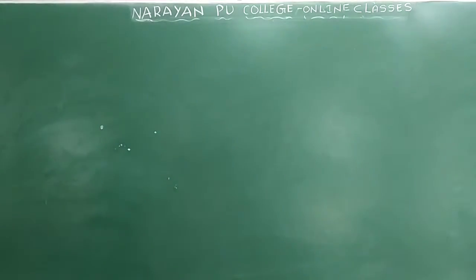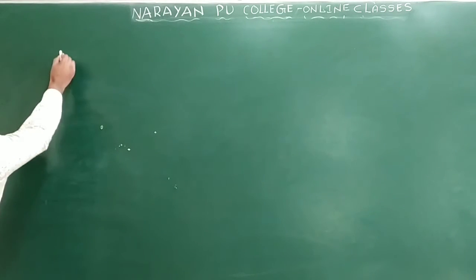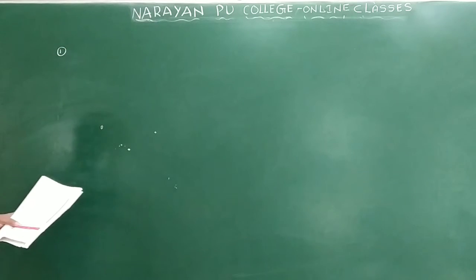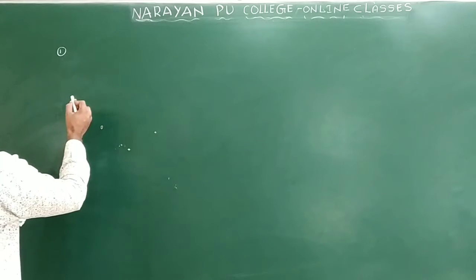So here one question is given. This is from the NCERT question. So the question is: show that T 99% is equal to 2 into T 90% for the first order reaction.